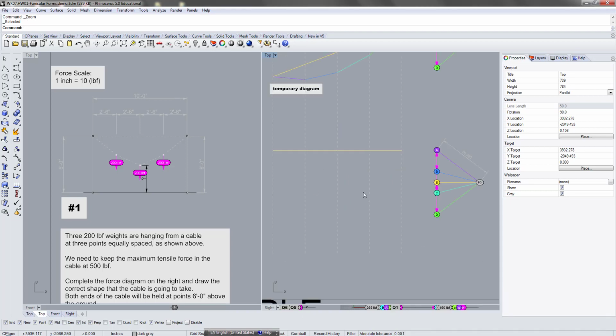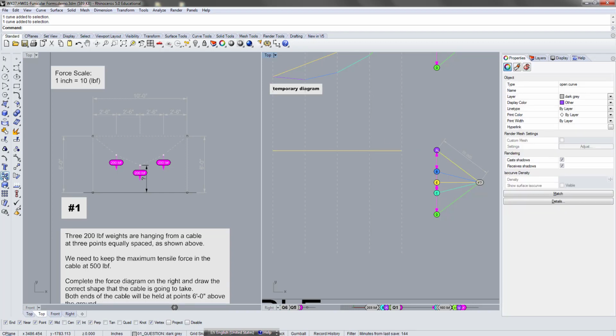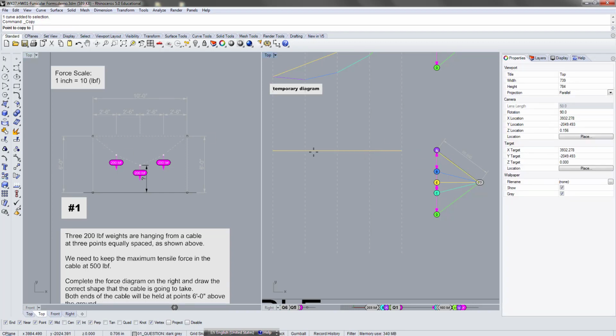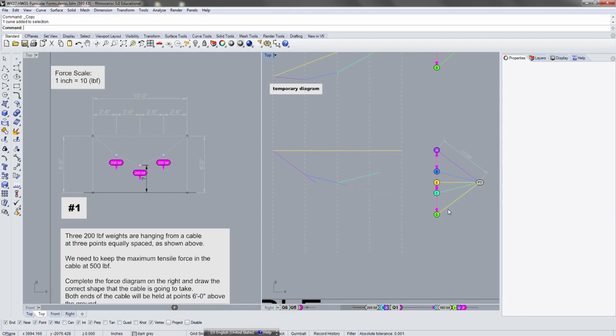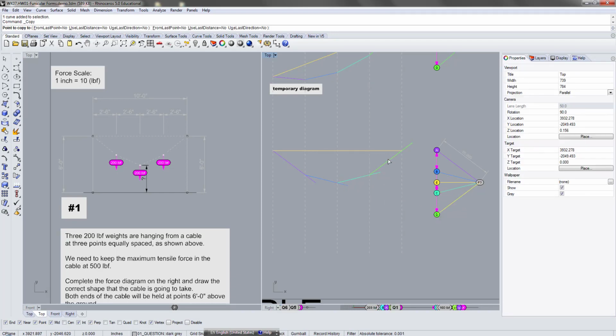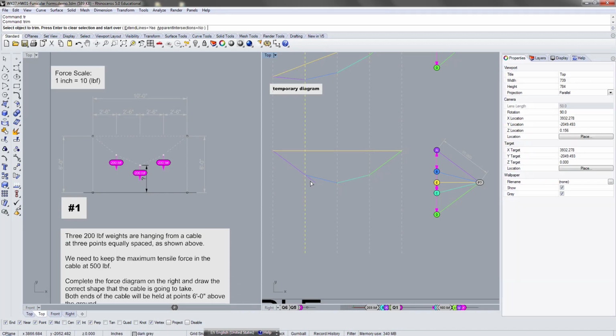So going back to the force polygon that we were constructing, I'm going to now locate them in the diagram. So that's the funicular form of this cable.